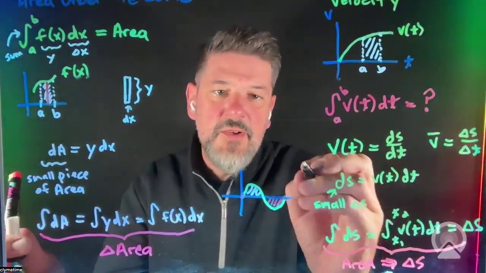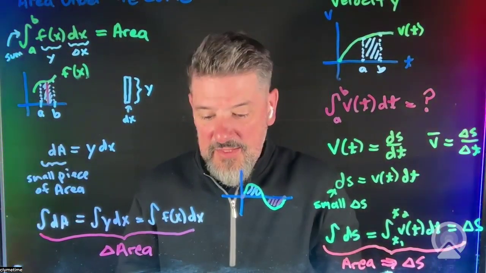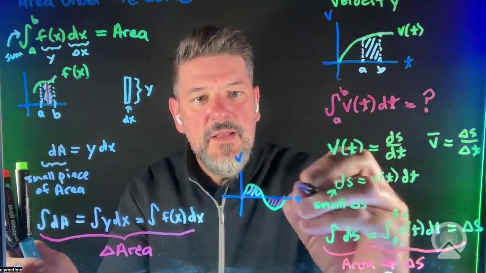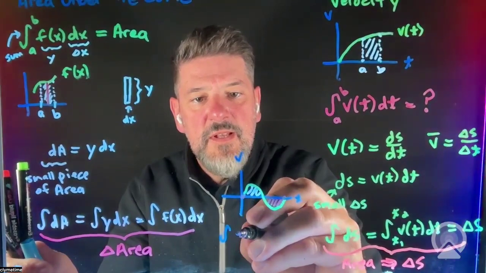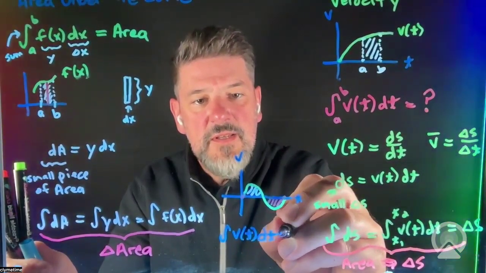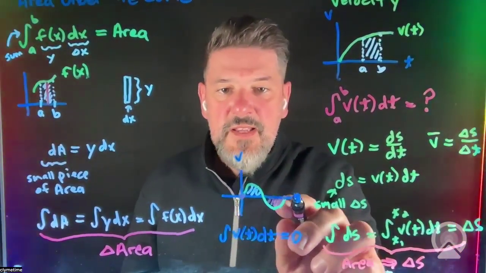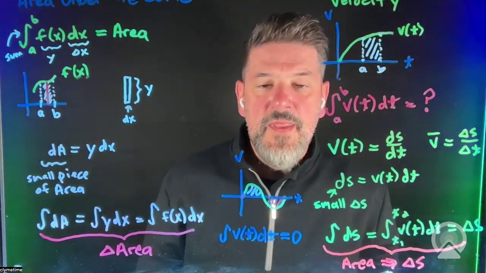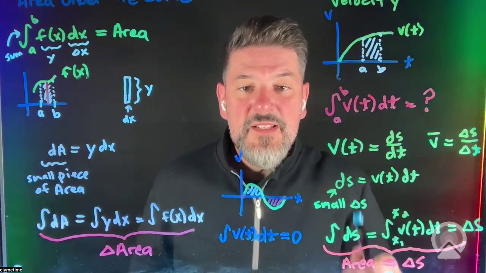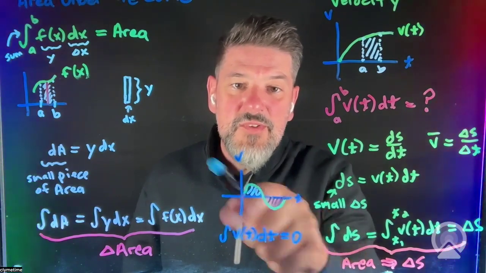Assuming it's like a sine or a cosine, assuming you have symmetry, my drawing is not the best, and this is a velocity curve, so this is V, this is T, that means the integral of V of T dt is going to equal 0. The reason is that all the positive area cancels out with all the negative area. And so your change in position is 0. But that doesn't mean you didn't travel anywhere. It just means you ended up where you started.